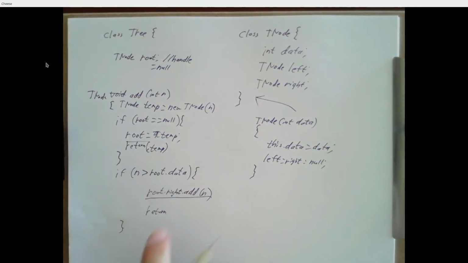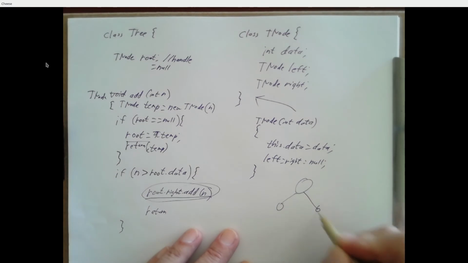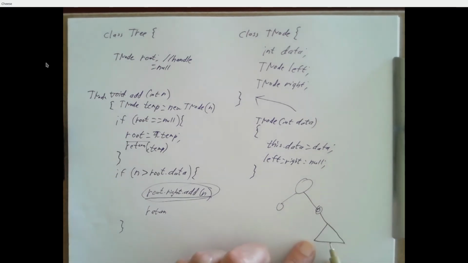And down here, root.right.add is going to return a tree which looks like the right subtree but has this new node added to it. And what do we want to do with that new tree that we've created? We had this tree and we've traversed down to this point and we decided our data is somewhere in this triangle.